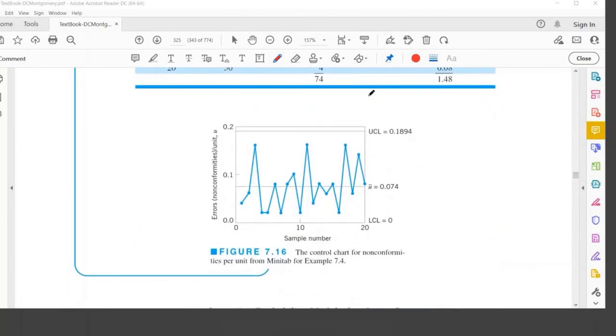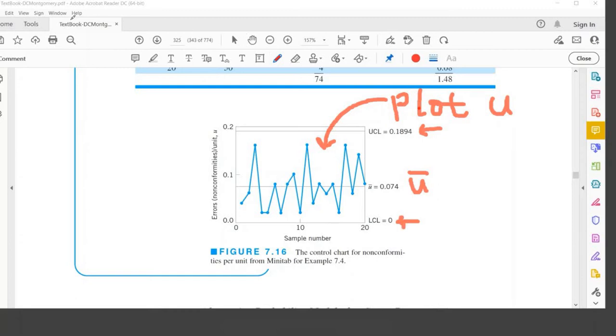What you plot here is the U values. The value of U inside this. So this central line is U bar. What you plot is U. This you get from the formula, and this also you get from the formula.